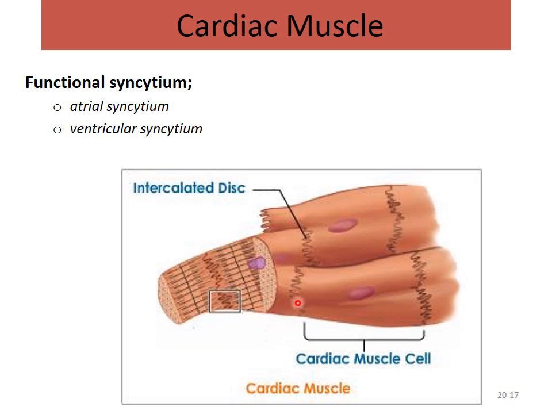These gap junctions allow a very quick transfer of electrical signals between these branching cardiac muscle fibers, so that once that electrical impulse is generated, it spreads very quickly in all directions from muscle fiber to muscle fiber.